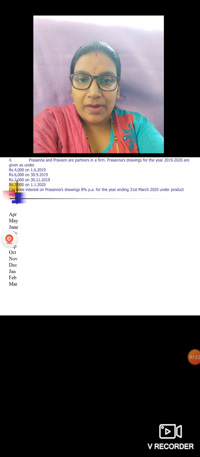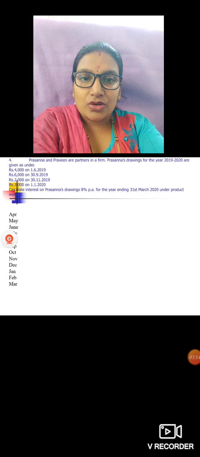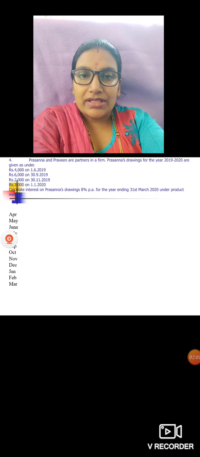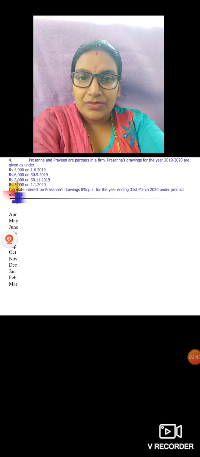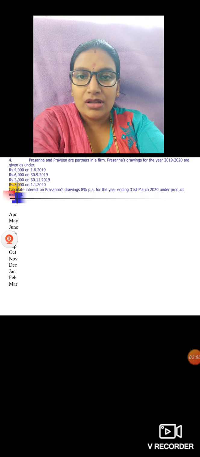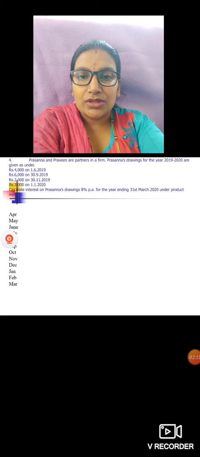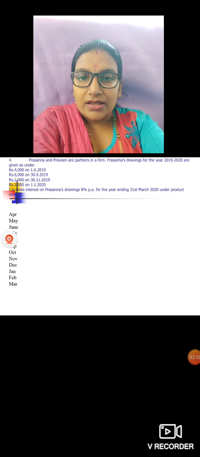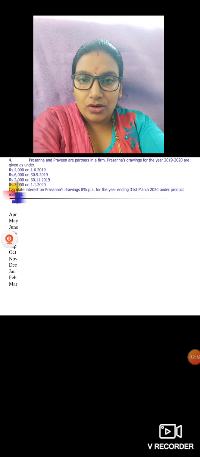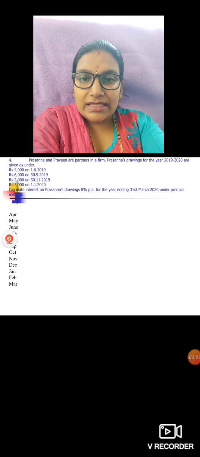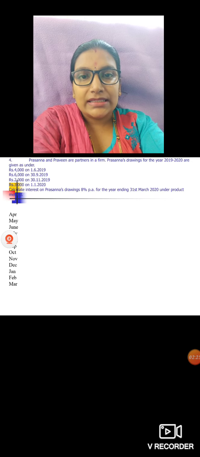Prasanna and Praveen are partners in a firm. Prasanna's drawings for the year 2019-20 are given as under. Rupees 4,000 he withdrew on 1/6/2019, then rupees 6,000 on 30/9/2019, rupees 2,000 on 30/11/2019, and rupees 3,000 on 1/1/2020.